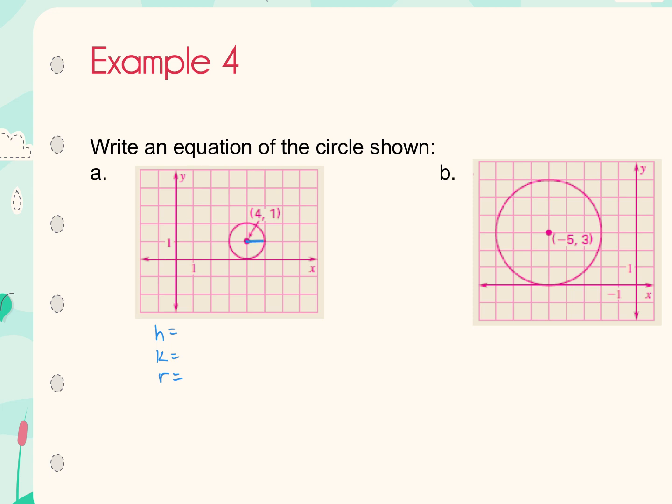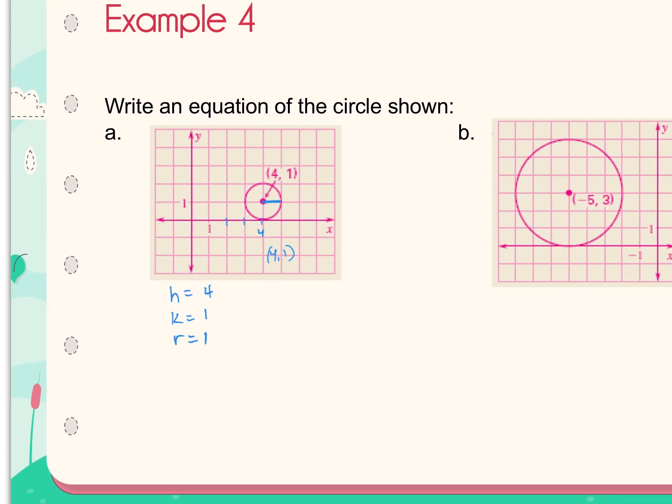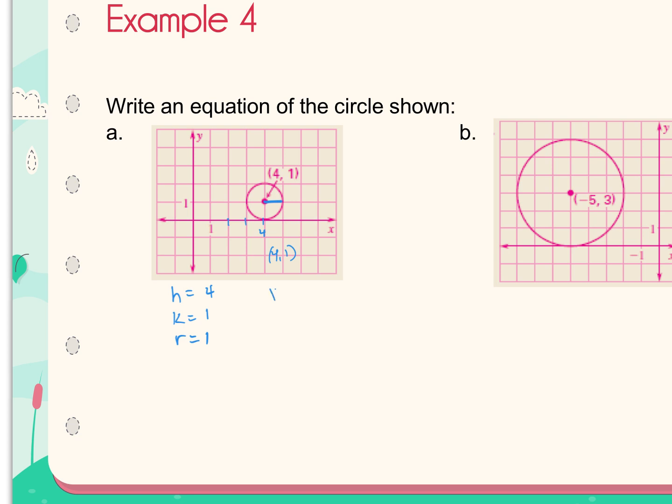So I know my radius is 1 unit, and I know that my center is at (4, 1), which means my h is 4 and my k is 1. Now that I know what all these values are, I can plug them in and find the equation.